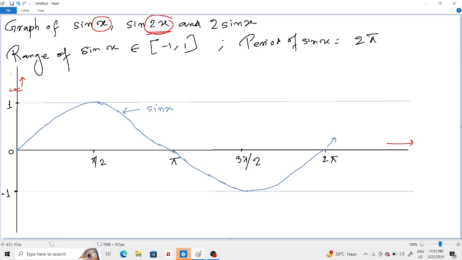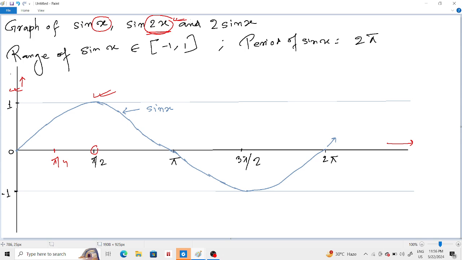Here we can see that at pi by 2, sine x has achieved 1. That means sine 2x is going to achieve the same value 1, but at half the distance, that means at pi by 4. I set this pi by 4 from this approximation: since it is sine 2x, you can consider 2x as the speed.